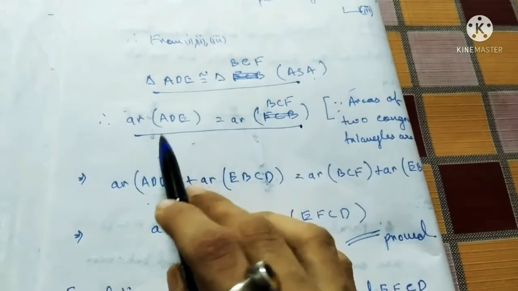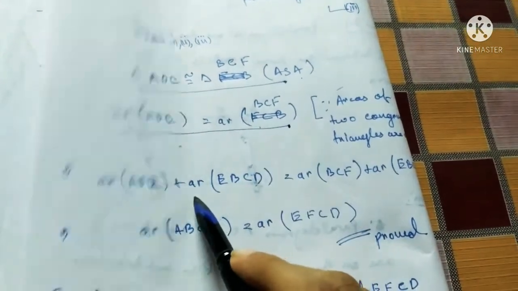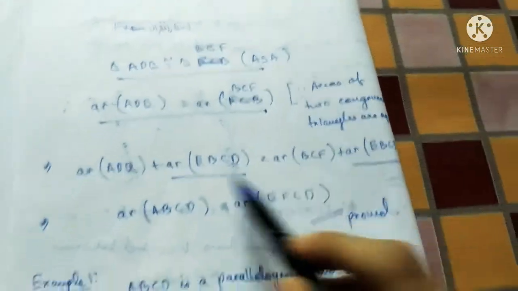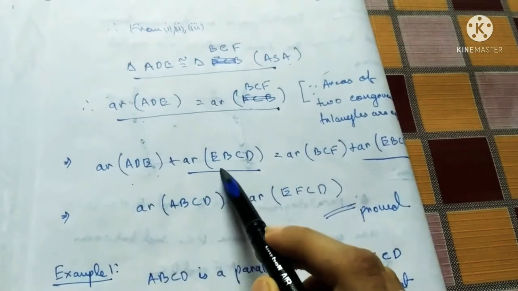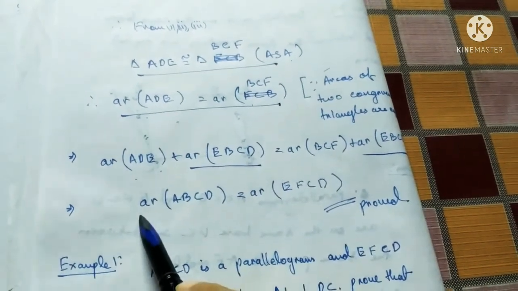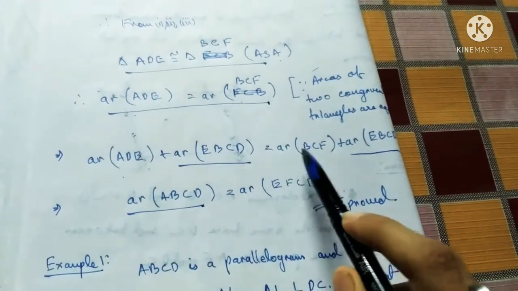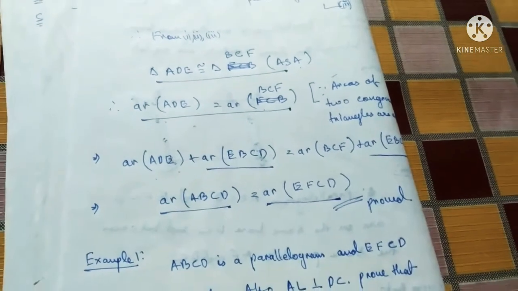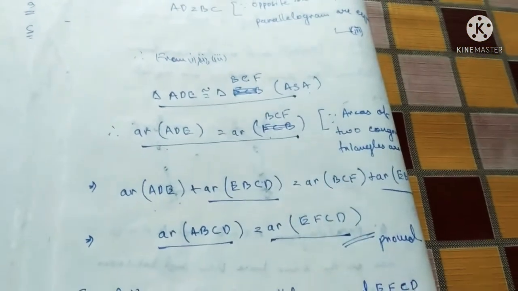Now to both sides I will add area EBCD. So area of ADE plus area of EBCD, I will get area of ABCD, is equal to area of BCF plus area of EBCD, I will get area EFCD. This is what we proved.